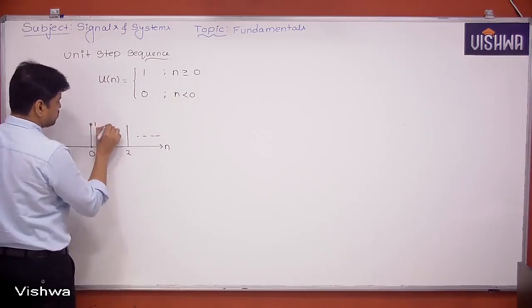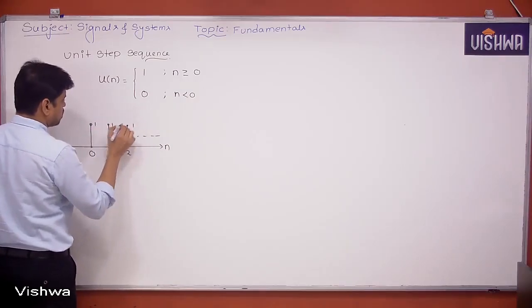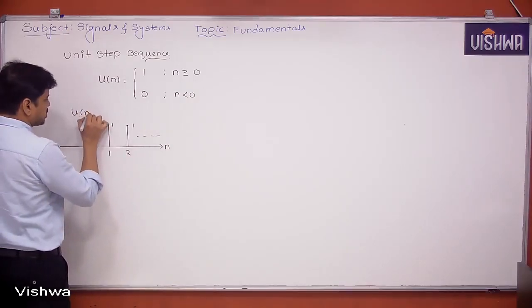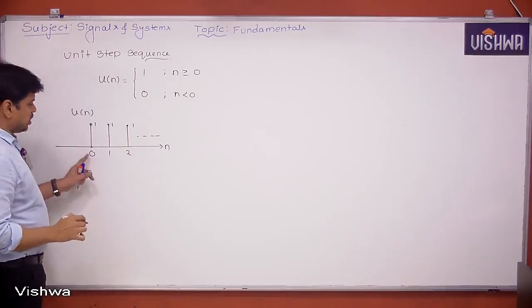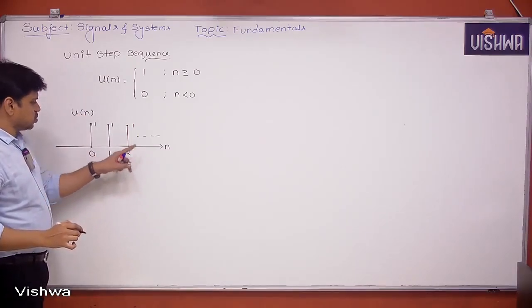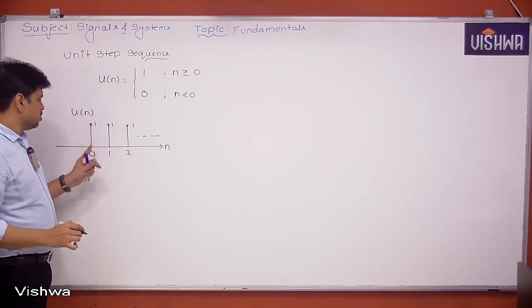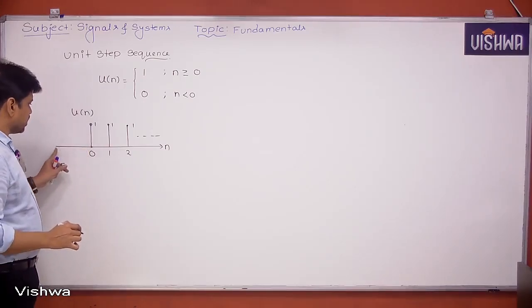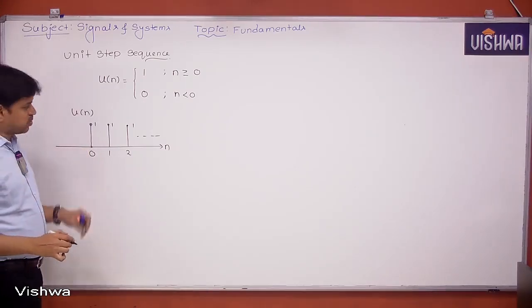So everywhere 1, 1, 1. This is the graphical representation. For every instant n equal to 0, 1, 2 like that, it is going to be 1. For less than 0, that is minus 1, minus 2 like that, its value is 0.